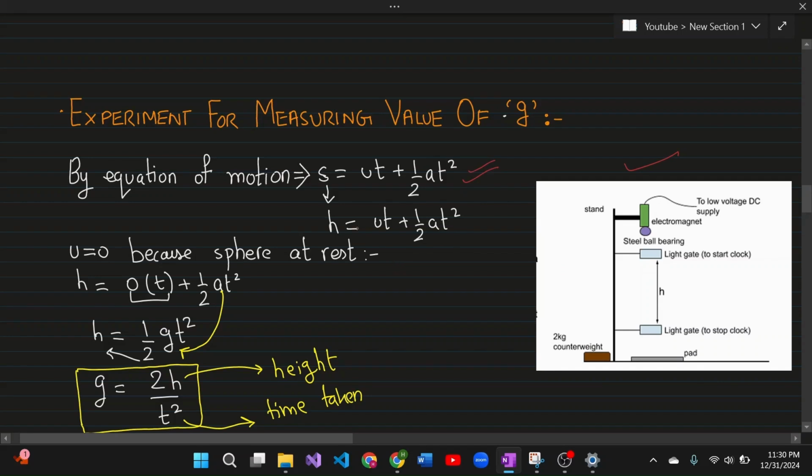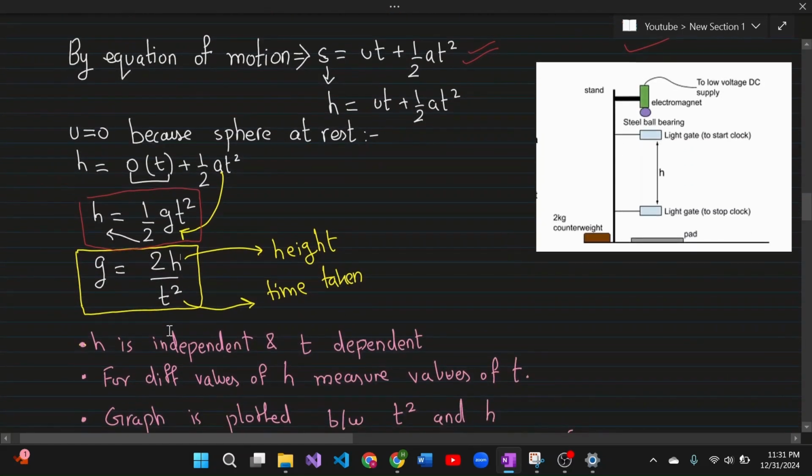Here s is h, then u is 0 because the sphere is at rest. So h equals half g t square. If I make g the subject, it will become 2h upon t square, where h is height and t is the time taken.